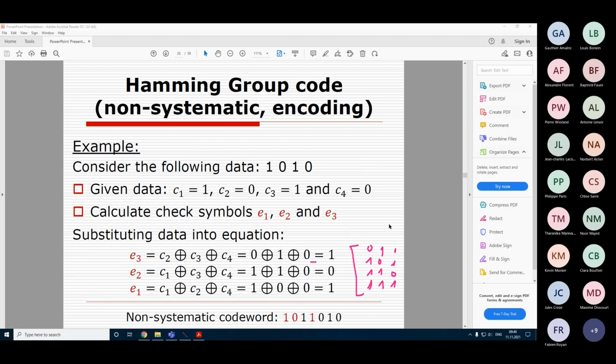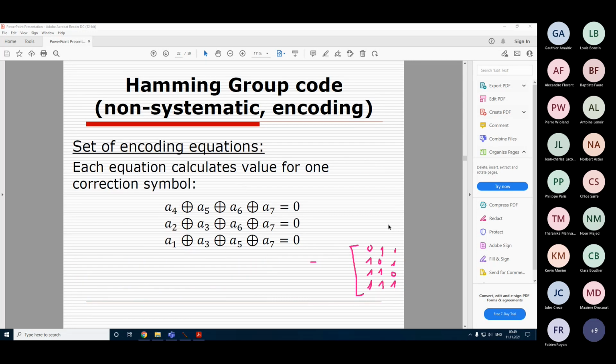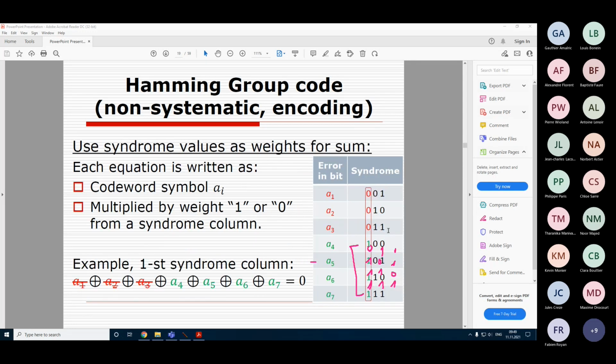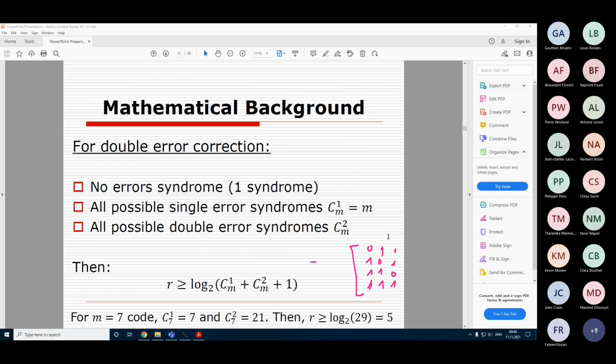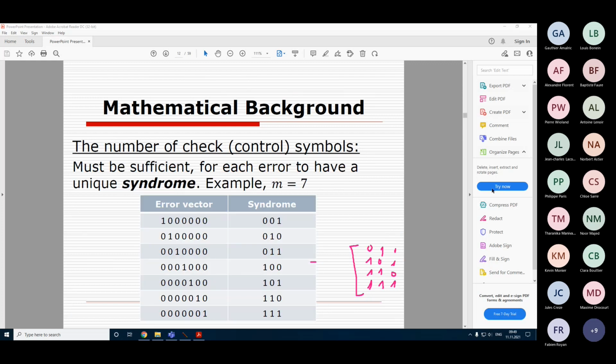So basically, we could say that we are taking this table of syndromes, and we skip these lines, which are control symbol lines.